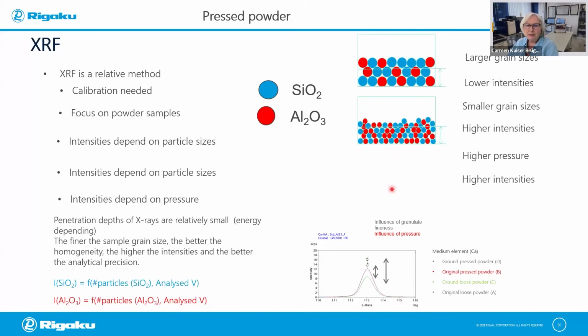So at the bottom here, we can also see a spectra of calcium, where we show what influence we have on pressed versus loose powder. And you can see if we press the powder into a defined density, then we have much higher intensities, as you can see here.